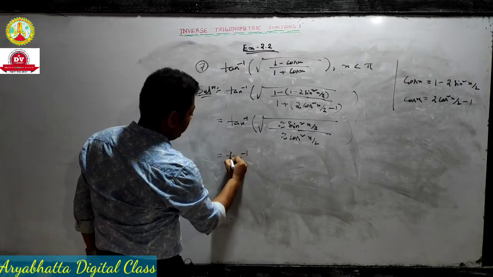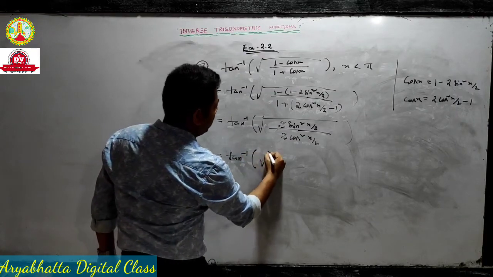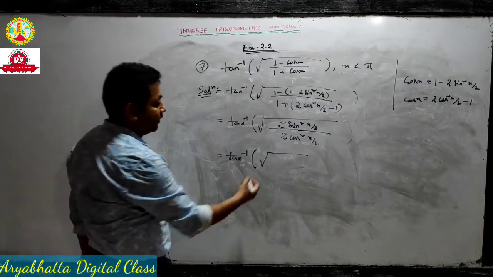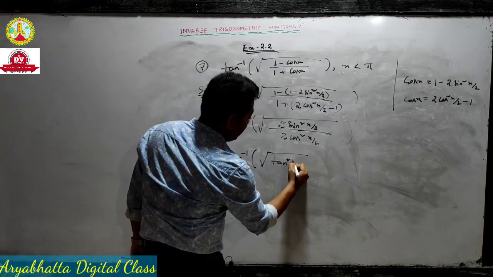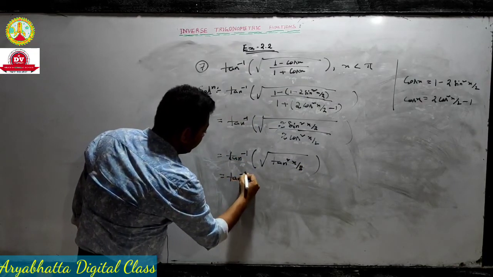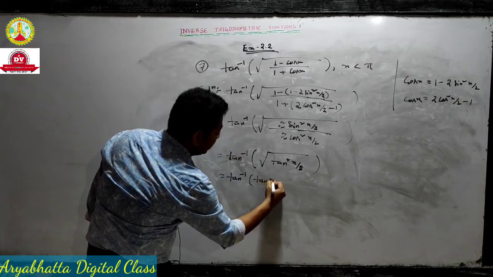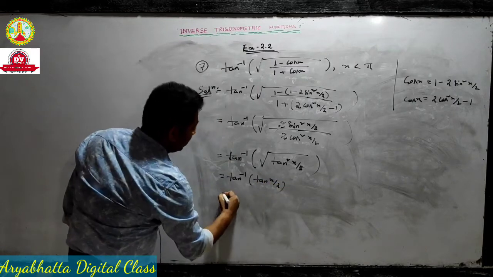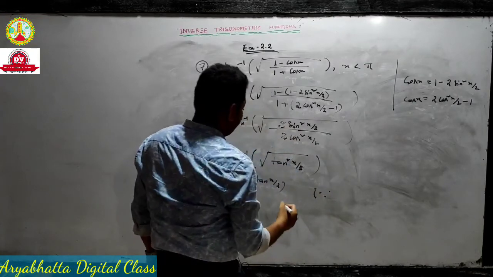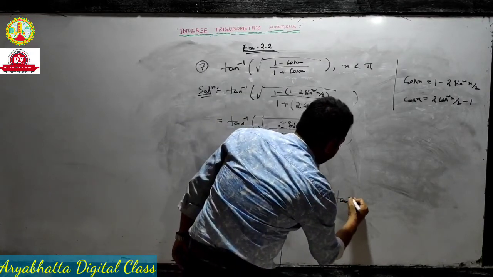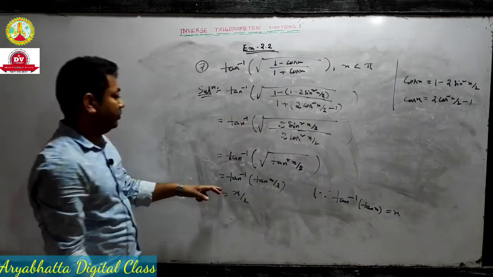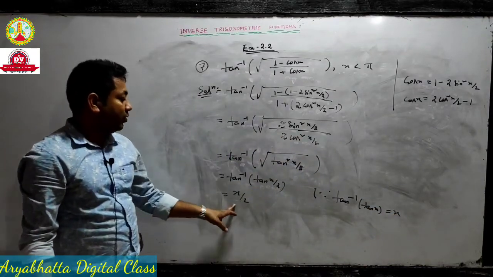Tan inverse root, we know that sin square x by 2 divided by cos square x by 2 equal to tan square x by 2. This equal to tan inverse tan x by 2. This equal to x by 2. Since from the properties of inverse trigonometric functions, we have tan inverse tan x equal to x. Therefore, tan inverse tan x by 2 is equal to x by 2.